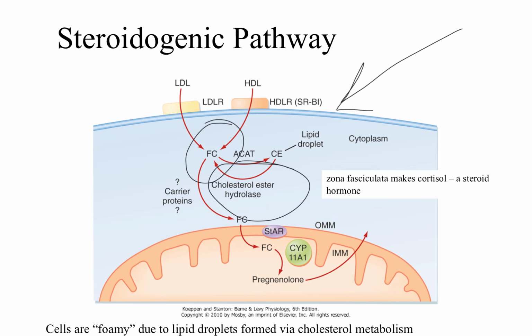And whenever cholesterol undergoes esterification, there's a little bit of a lipid droplet left over, which makes these cells underneath a microscope appear foamy. And usually we would say cells that appear foamy means that there's lipid deposition because they're using cholesterol.